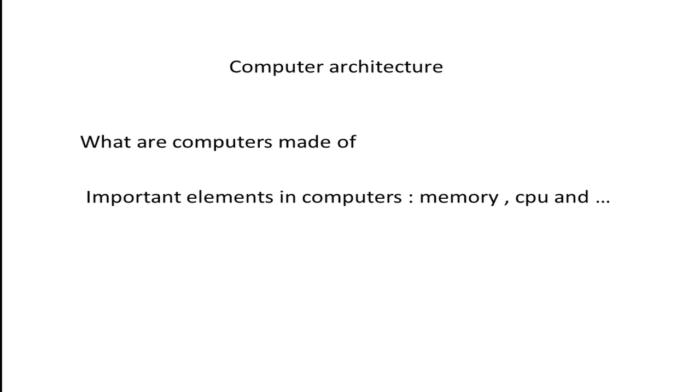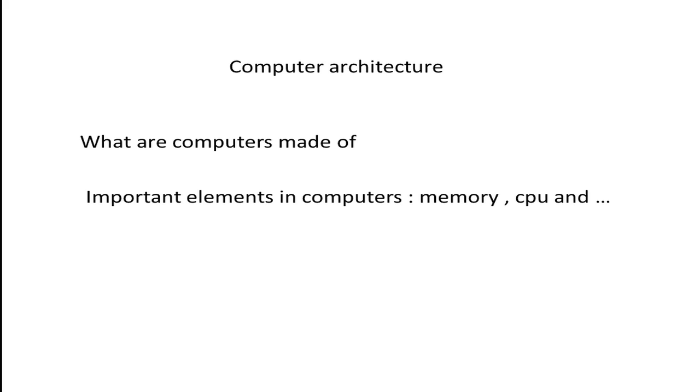Next, we should have complete knowledge of computer architecture. If you want to be a hacker, it is a very important section. You should know what computers are made of. We know that every electronic device is made of a component called a transistor, which we will explain in the next lectures.